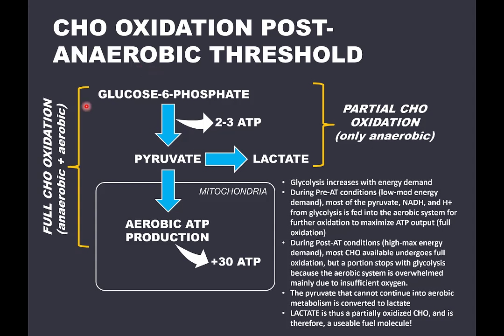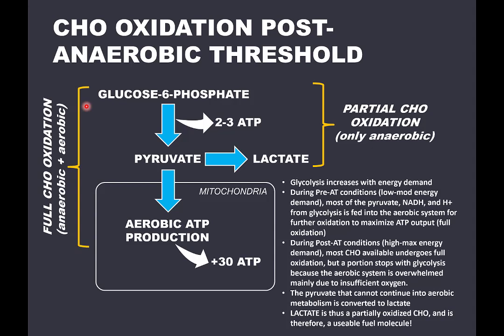Okay, so if I ask the test question, which of the following is characteristic of carbohydrate oxidation during post-anaerobic threshold exercise, you have all of these answers being correct. 1. Increased portion of glucose 6-phosphate undergoing partial oxidation. 2.